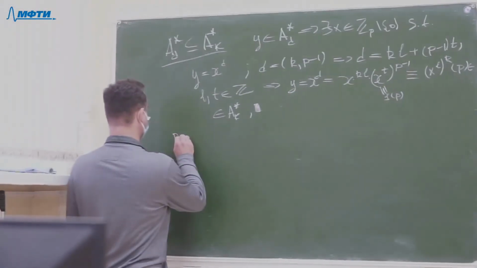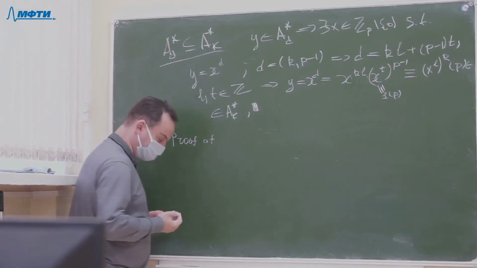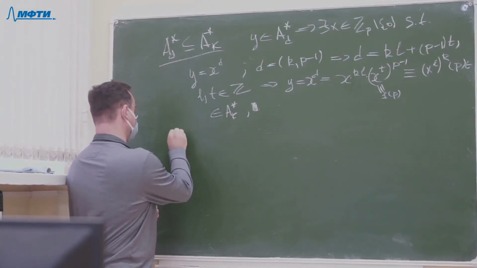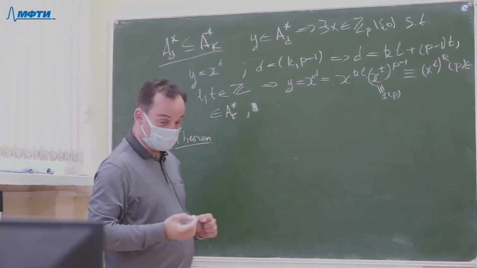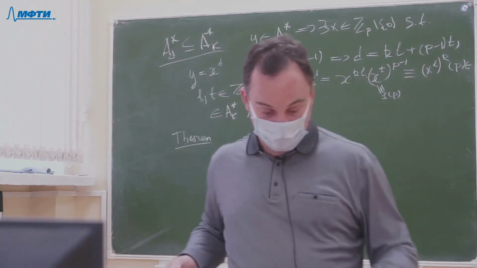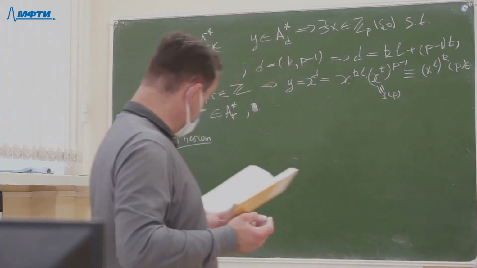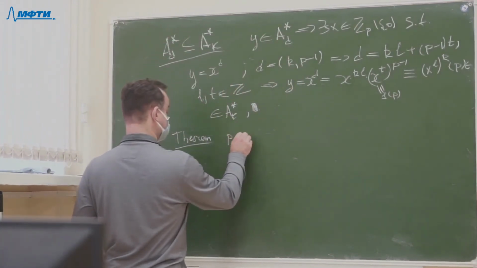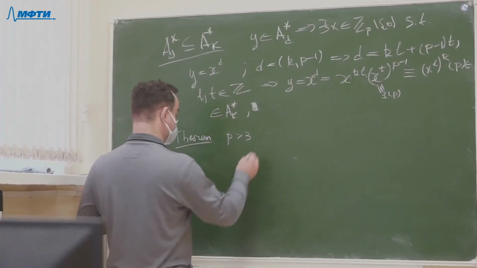Well, proof of the theorem. I forgot some limitations inside the theorem. p is greater than 3, so it is at least 5, a prime number.